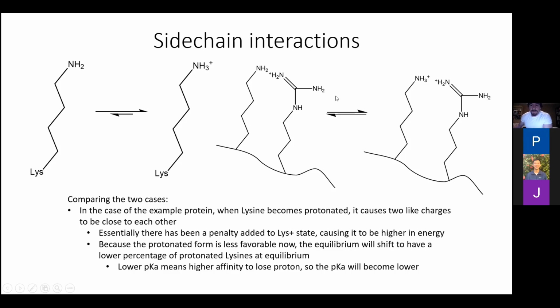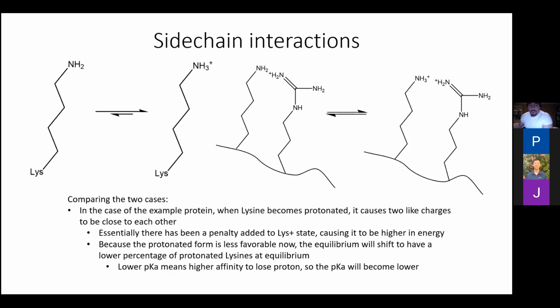So this imposes an energetic penalty on the protonated form of lysine. You can think of it as adjusting the relative energy levels. Now the protonated form is higher in energy and the unprotonated form is pretty much unchanged.